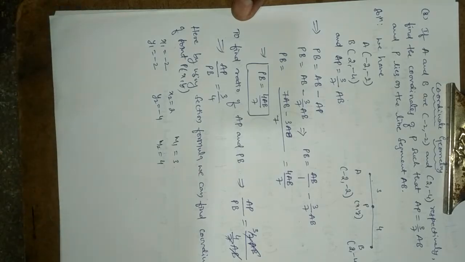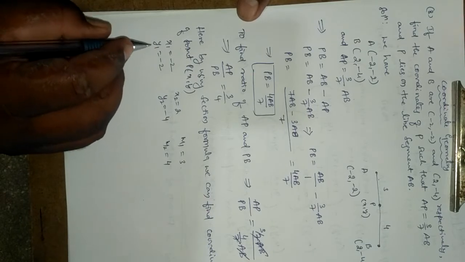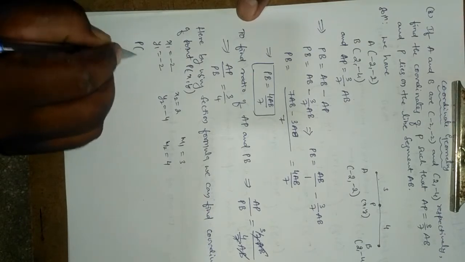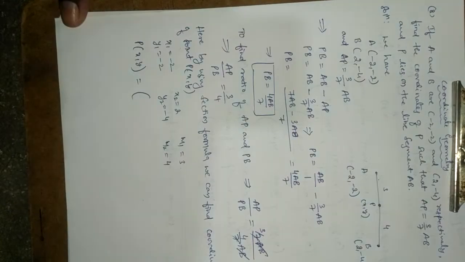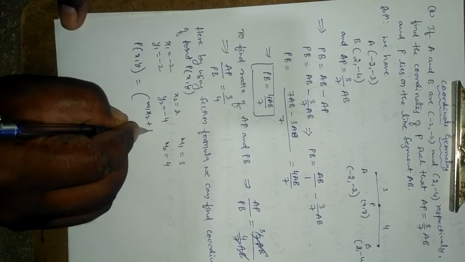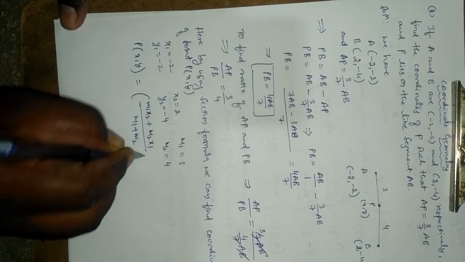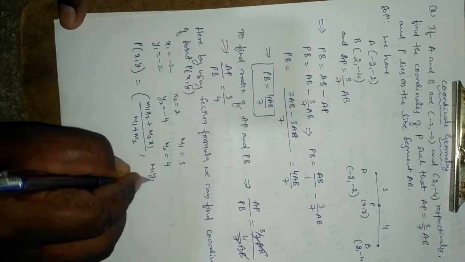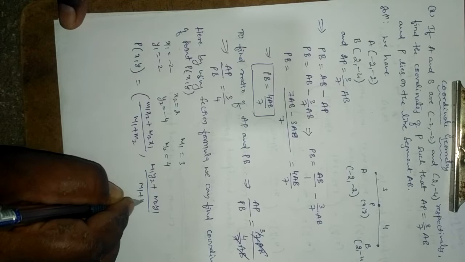What you have to find out here is P(x, y). What does the section formula say? P(x, y) is equal to (m1 x2 plus m2 x1) divided by (m1 plus m2), and (m1 y2 plus m2 y1) divided by (m1 plus m2).